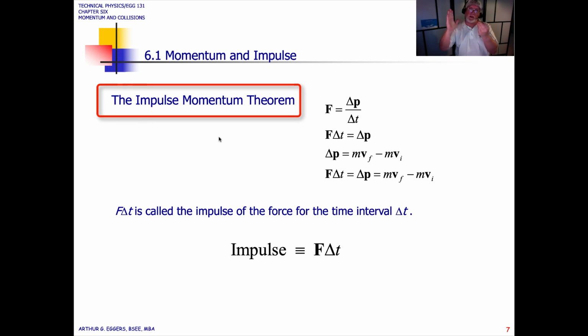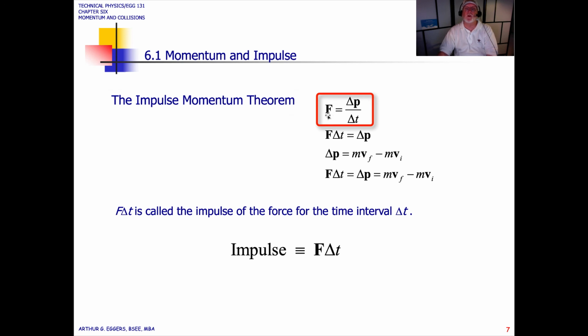So with the impulse, we're looking at what happens when an object gets hit and it just makes contact. The force starts to build on the object, and as you follow through, the object moves away with its momentum. So we define force then as that change in momentum over time.